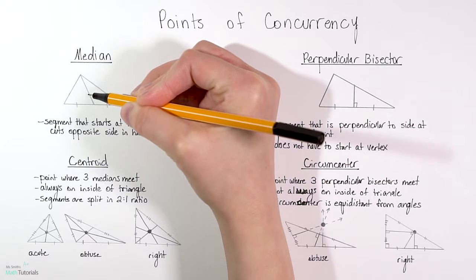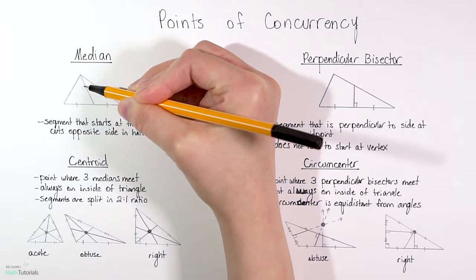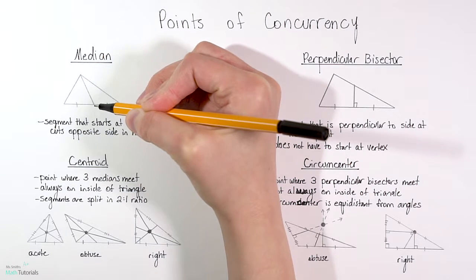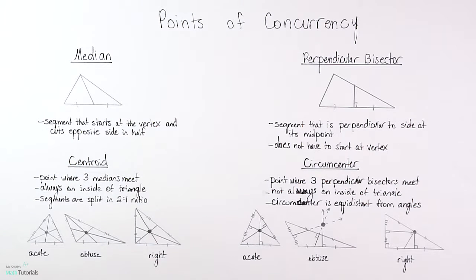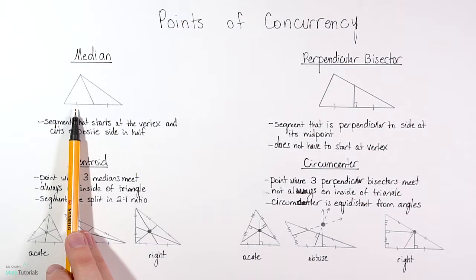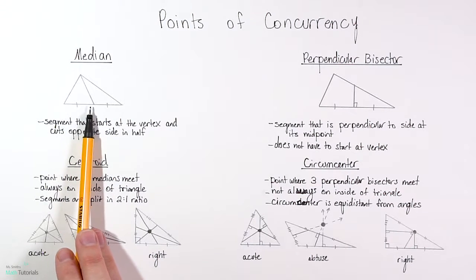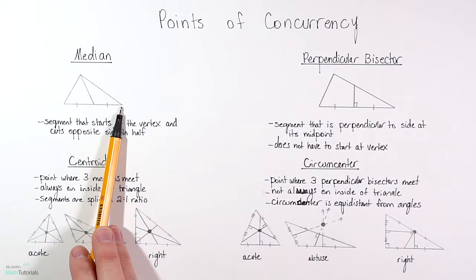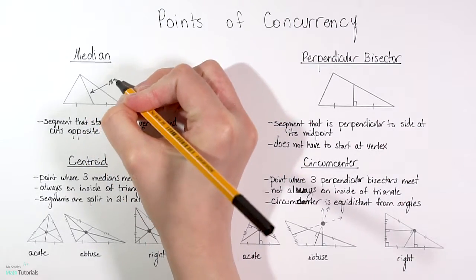So this segment starts at the angle vertex and cuts the opposite side of the triangle in half. And we can tell that it cuts it perfectly in half because of these tick marks right here and right here. What that tells me is that from here to here is the same distance as from here to here. So this right here is the median.